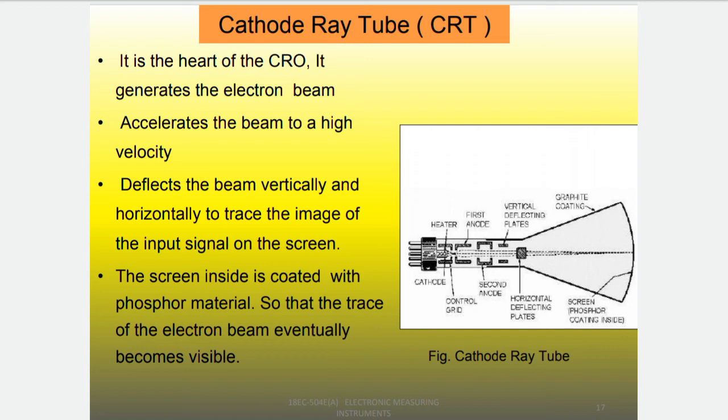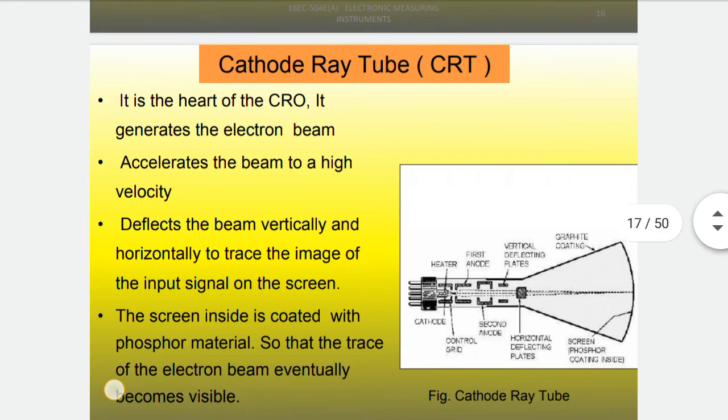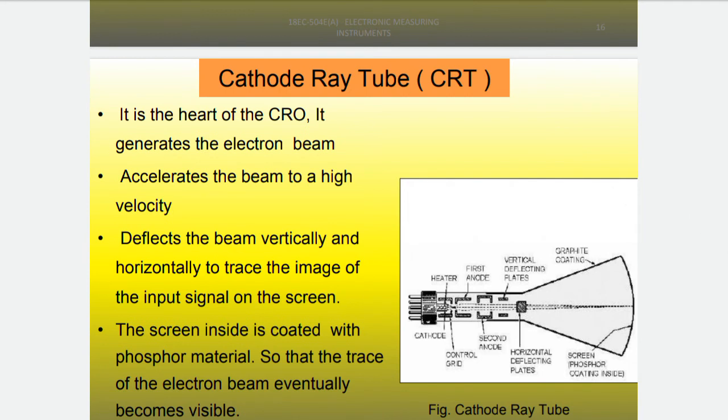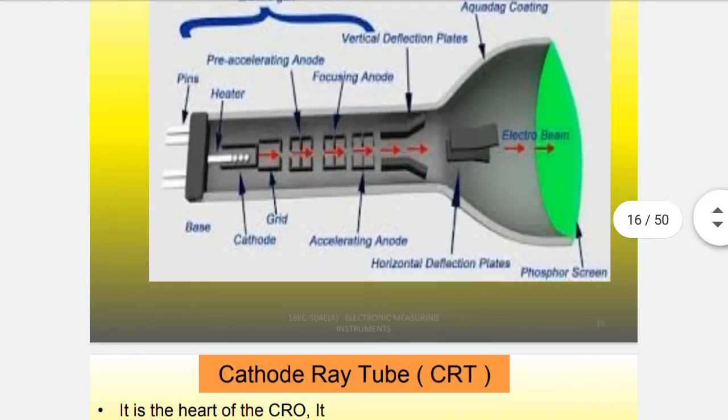So the heart of the CRO is the CRT, and it produces a visual pattern on the screen. Basically it is a vacuum tube, as you can see in the figure, a vacuum tube of special geometrical shape that converts electrical signals into visual ones. A CRT makes available plenty of electrons.